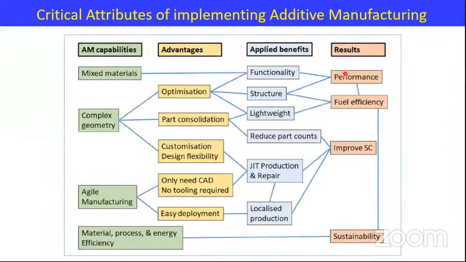And there are really a lot of benefits one can get from this AM, right? In terms of lightweighting, part consolidation, and also the repair functionality. All those things will finally give us better performance and efficiency, especially from the viewpoint of aerospace applications. And then the sustainability, all those things can be thought of.